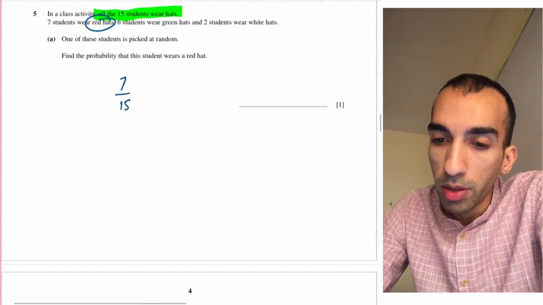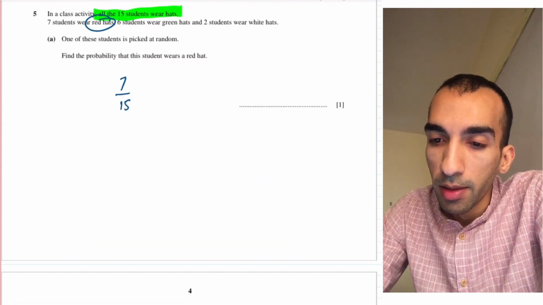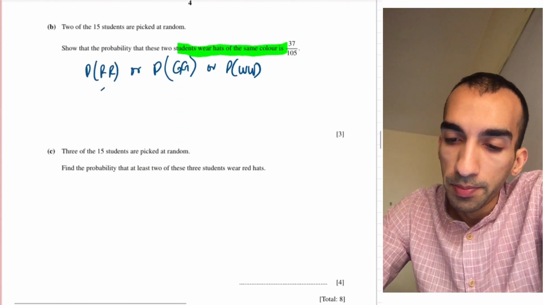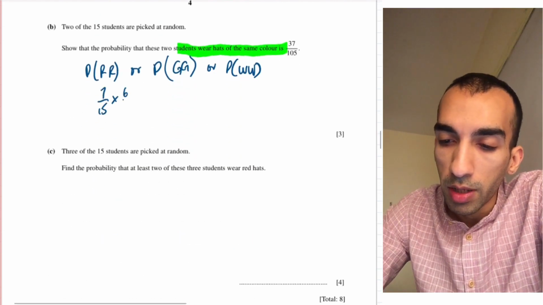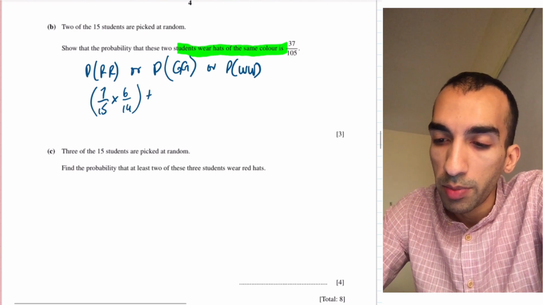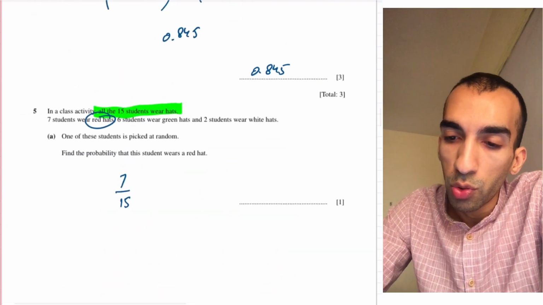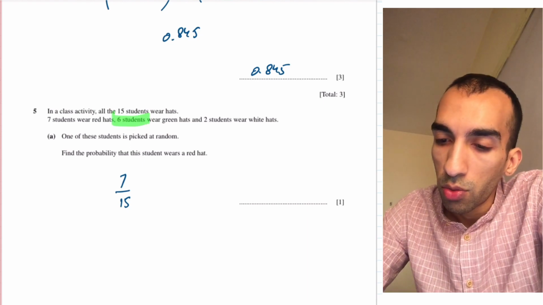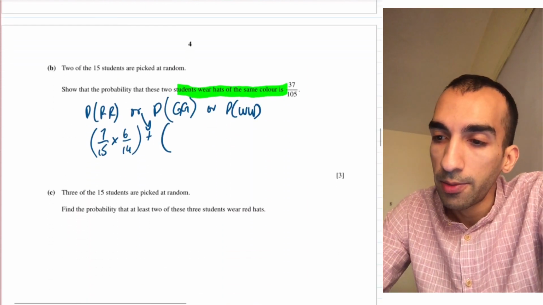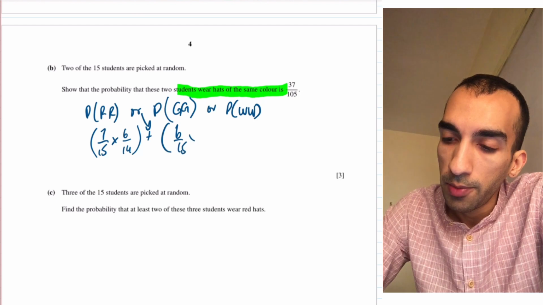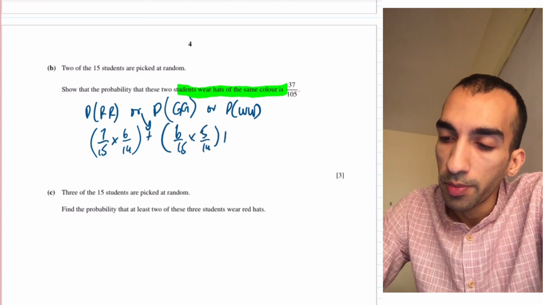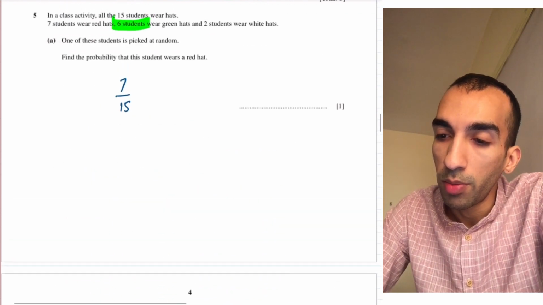So what's the probability of wearing a red hat? 7 by 15 into 6 by 14. Since the question has been reset, or means plus, now the probability of selecting a green student who's wearing a green hat. Students who wear green hats are 6 by 15 into 5 by 14, or means plus. Now we send them back, by the way.